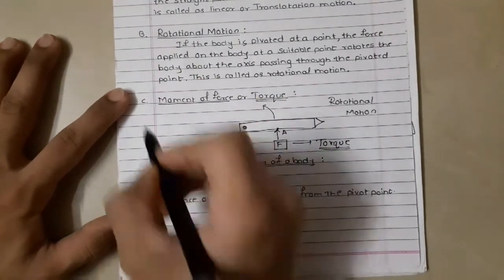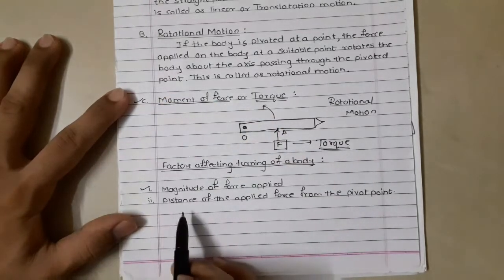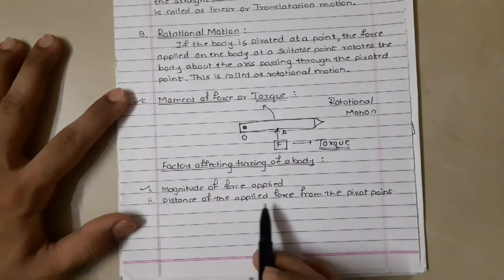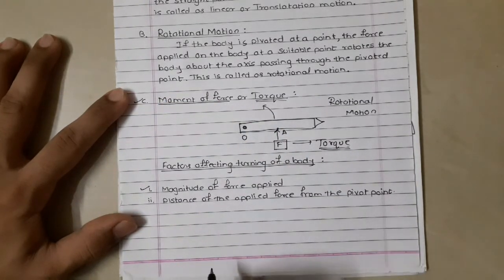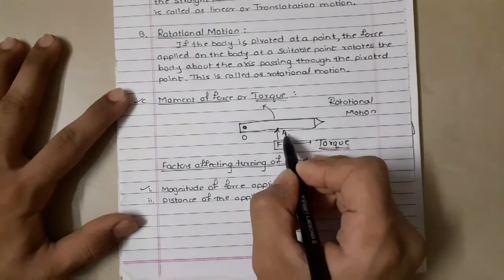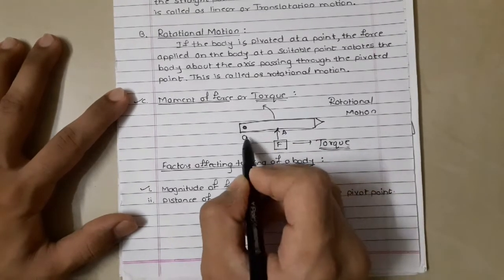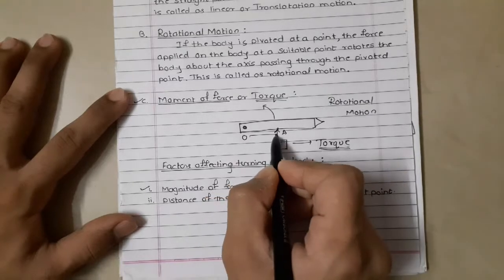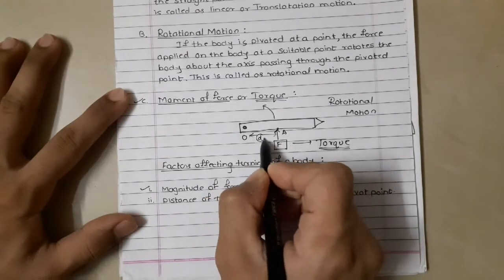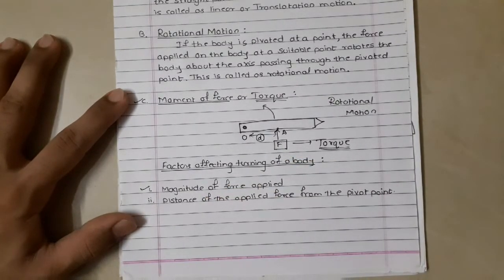The second is the distance of the applied force from the pivot point. That means the distance between point A and point O. Let's consider it as D. That's the distance.